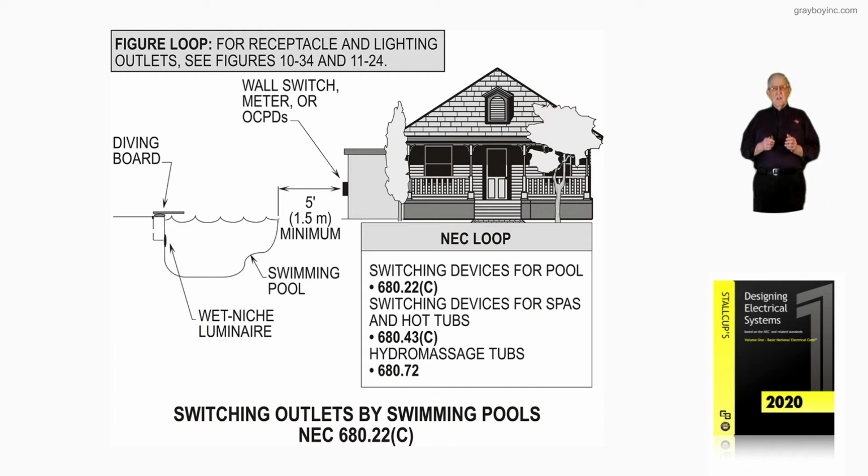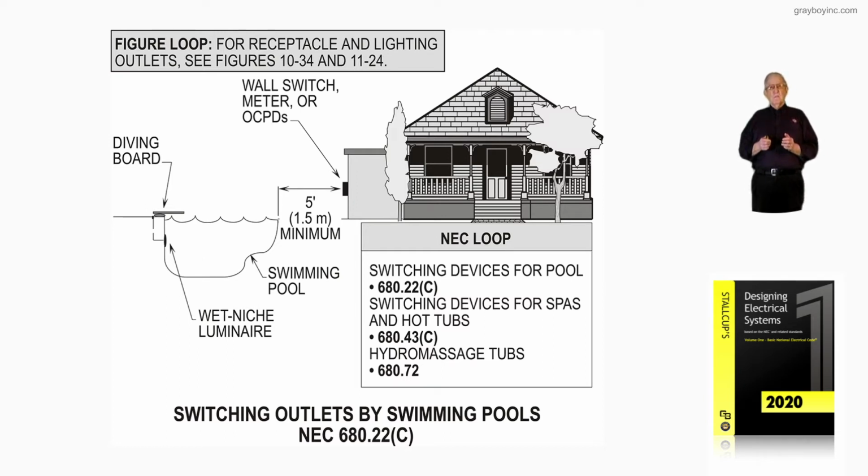A hydro massage tub is 680.72. Now, the NEC loop lists the three areas where electricians work quite often, depending upon if they install at a dwelling unit, say a swimming pool, a spa, hot tub, or hydro massage tub.